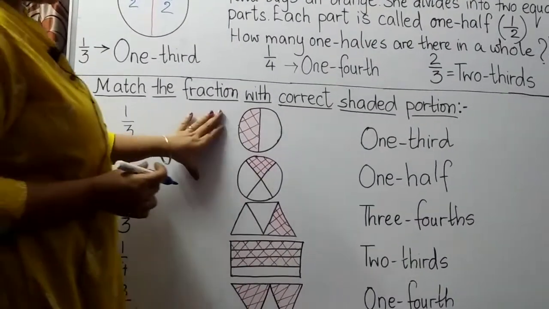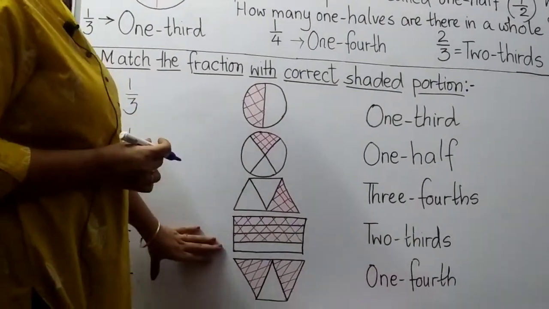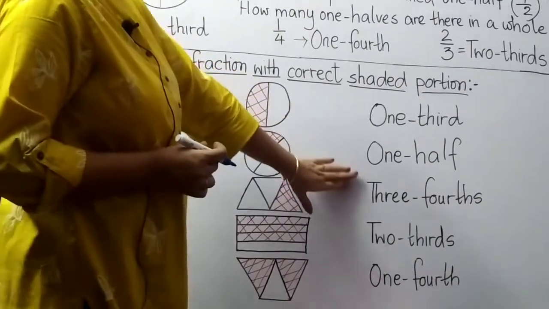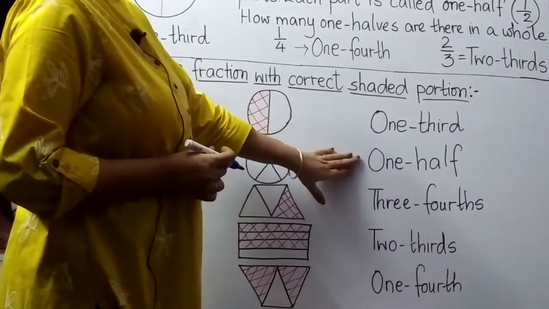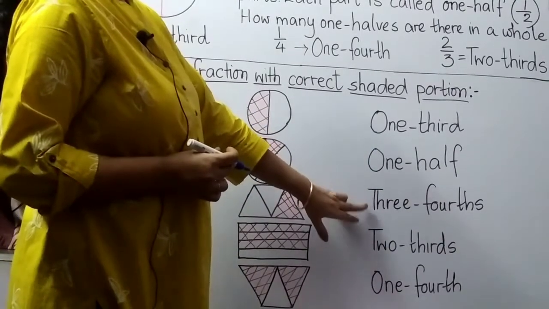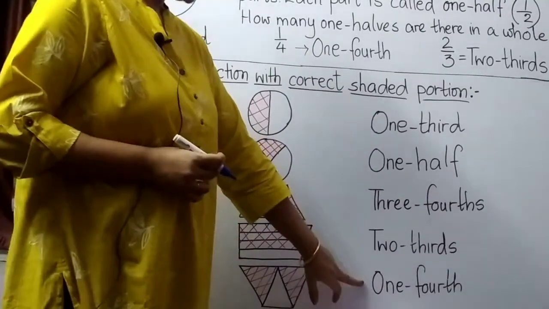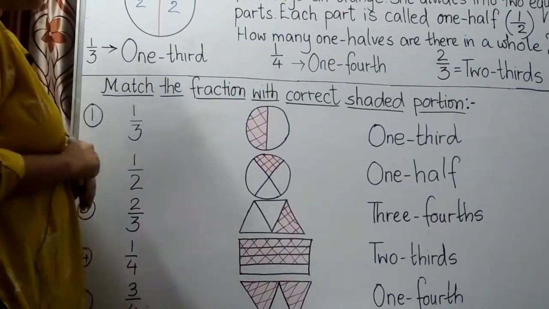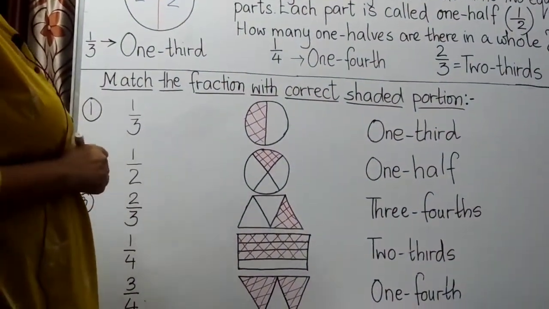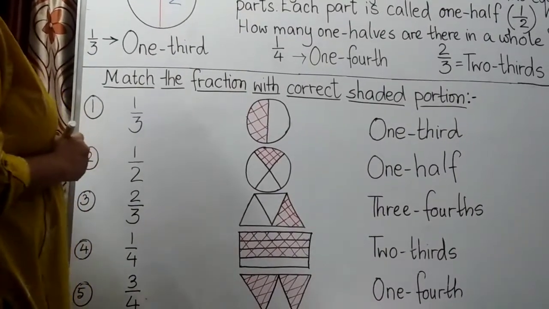Similarly, I have drawn the diagrams and written there the word form. 1/3, 1/2, 3/4, 2/3, 1/4. Now we have to match the diagram with the fractional numbers and their word forms.